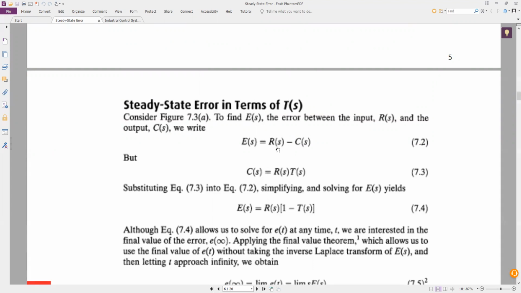Now put this value, 7.3, into 7.2. Then we'll get E(s) is equal to R(s) into 1 minus T(s). How does it come? Look here.